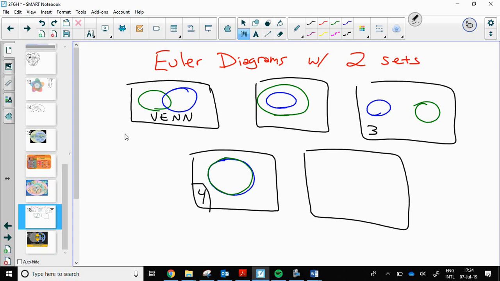If it was Euler diagram number 2, then, well, if blue is entirely a subset of green, then I guess just this part would be empty. But then I would have elements in the intersection and within the green circle. And of course, if it were Euler diagram number 5, then I would just note that all 3 of these were empty.